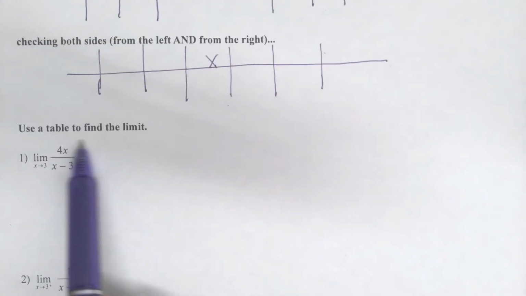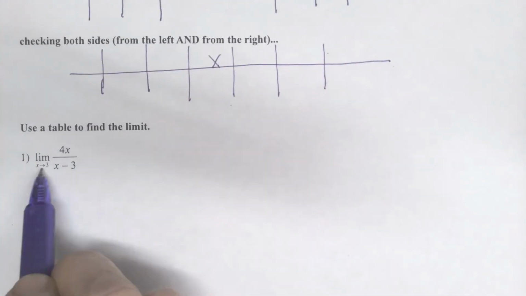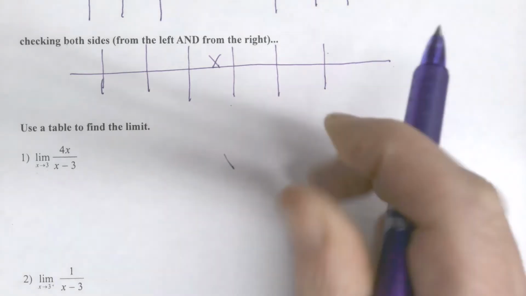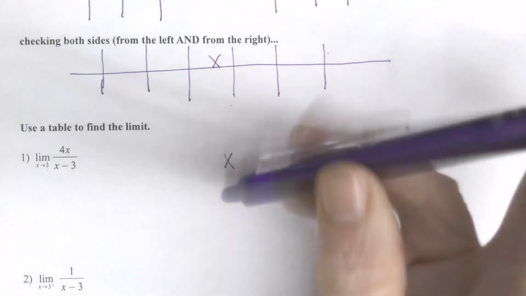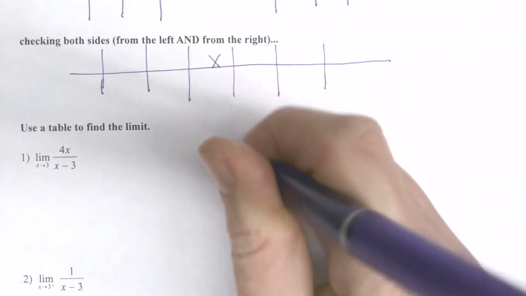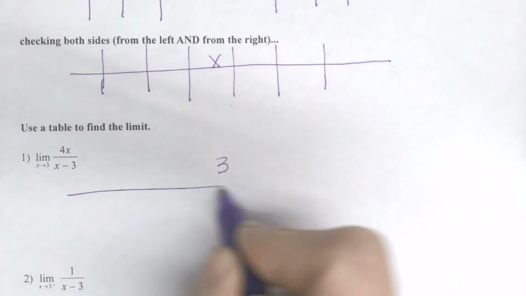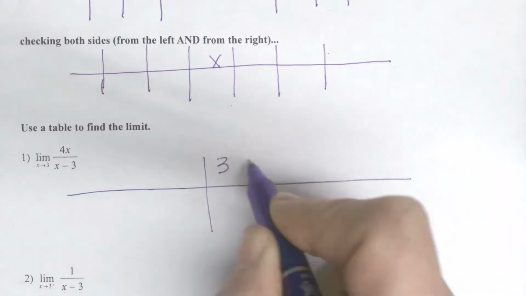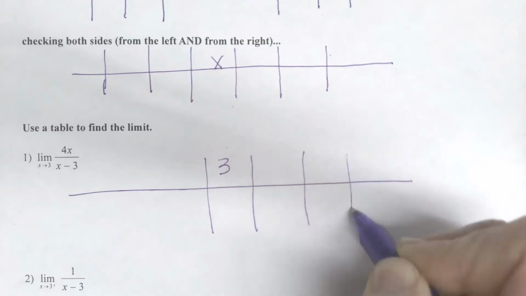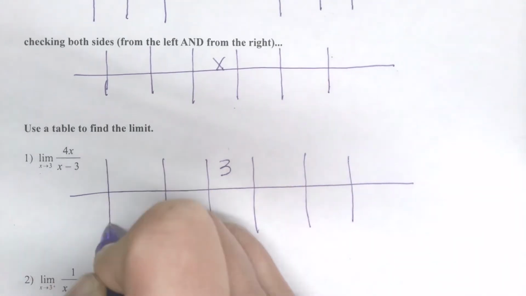So I'll start with this first one here. This is as x approaches 3. So my center value is 3. And then, like I said, I'm going to be checking values to the right and to the left.